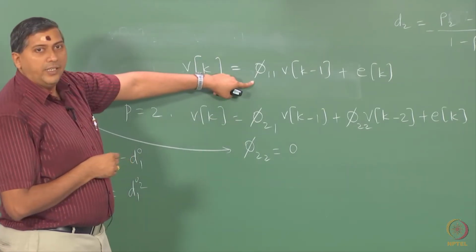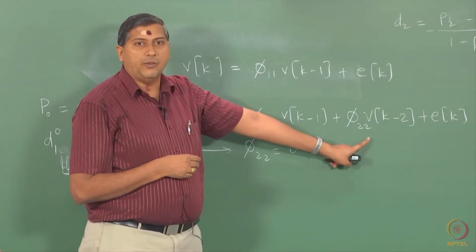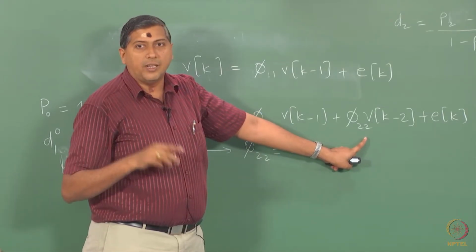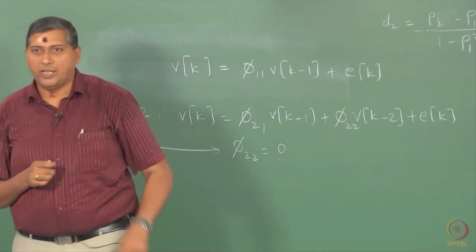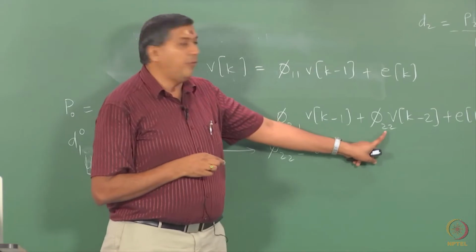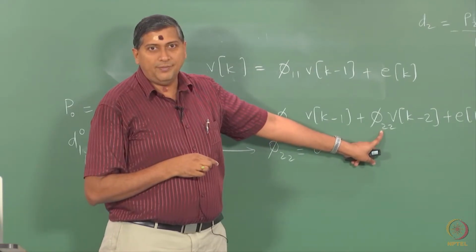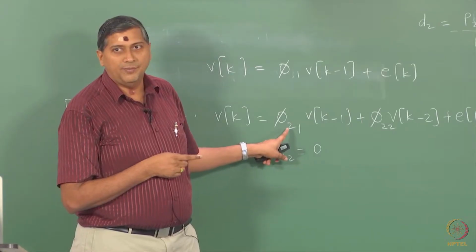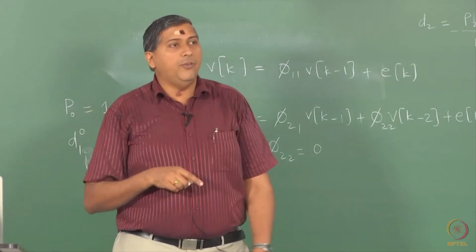You would have estimated this, and now you want to estimate phi 2 1 and phi 2 2. And the algorithm says you can do it in a recursive manner without having to solve the Yule-Walker equations all over again. What the algorithm says is, start off by estimating phi 2 2. Once you have estimated phi 2 2, get the estimate of phi 2 1. Do I need phi 2 1?